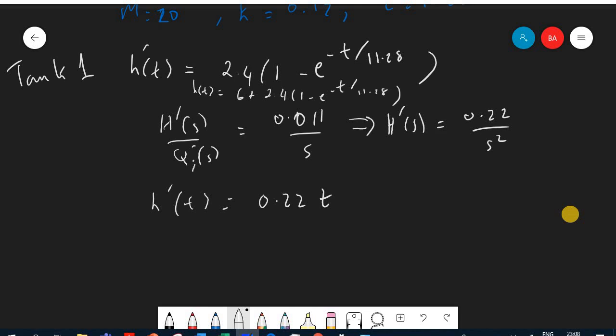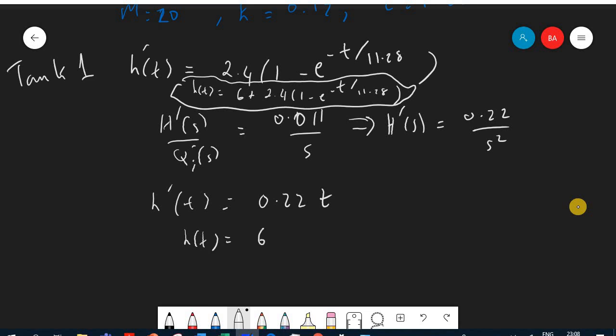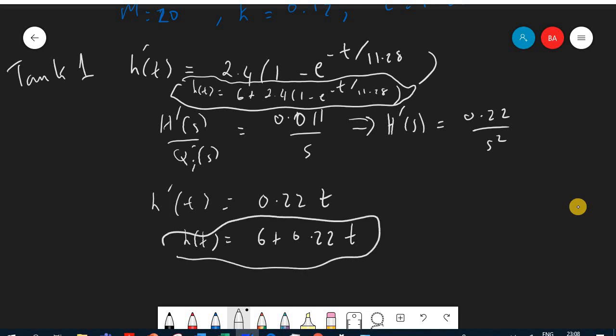And again, if you want to find H of t here, this will be 6 plus 0.22 t. And that is the second equation that I have. So I have two equations here. This is the first one for H of t, and this is the second one for H of t.